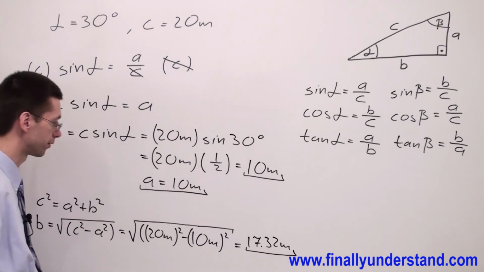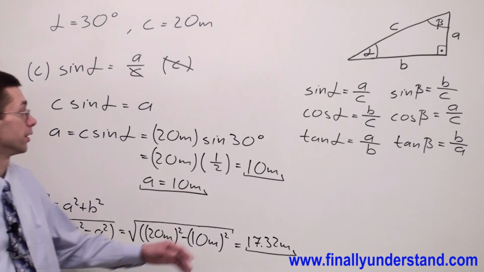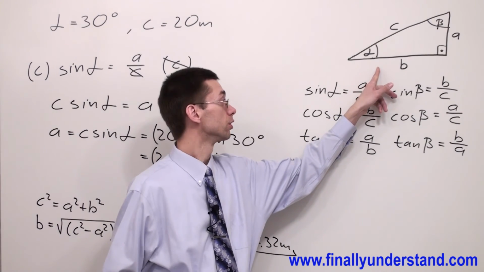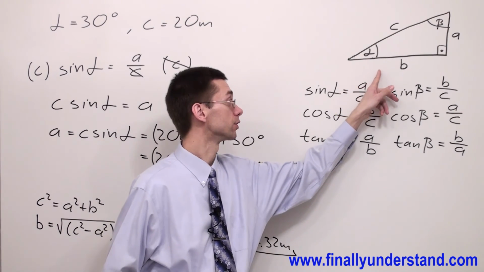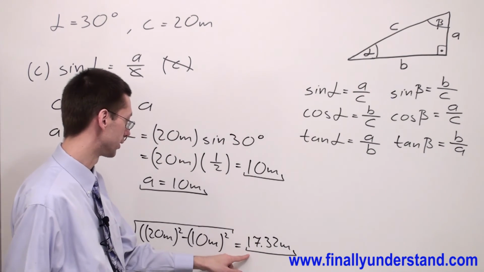This is the length of the adjacent to the angle alpha. Okay, this is the length of my side B.